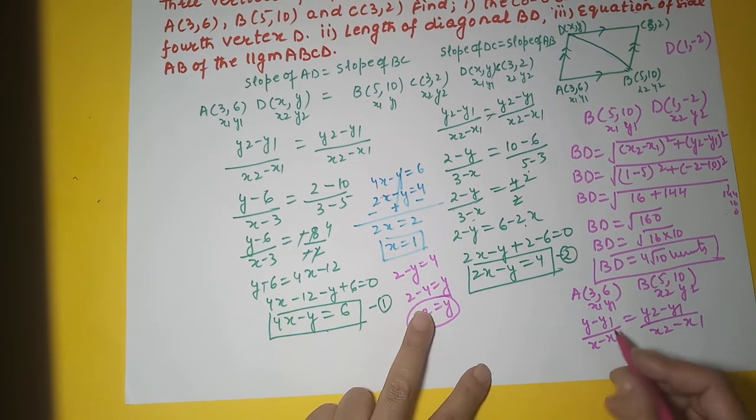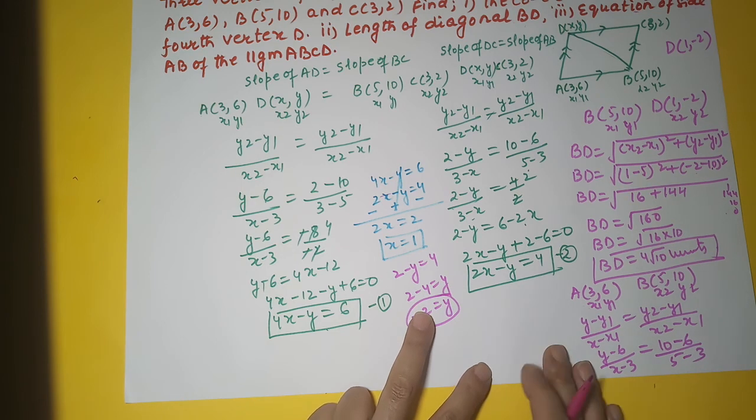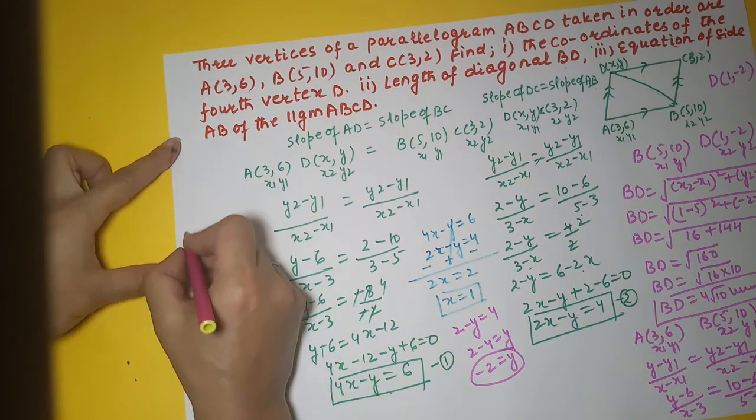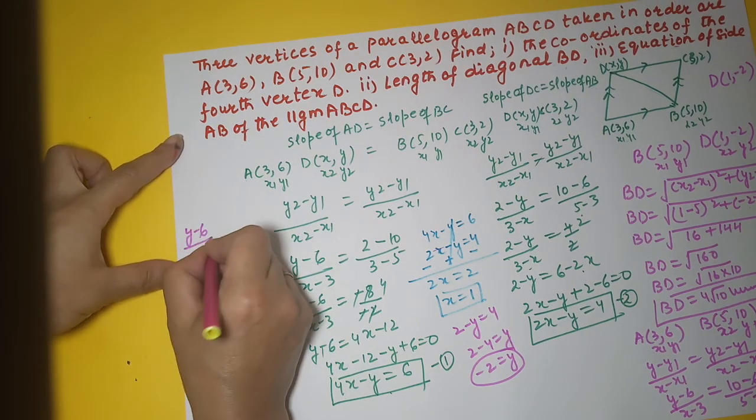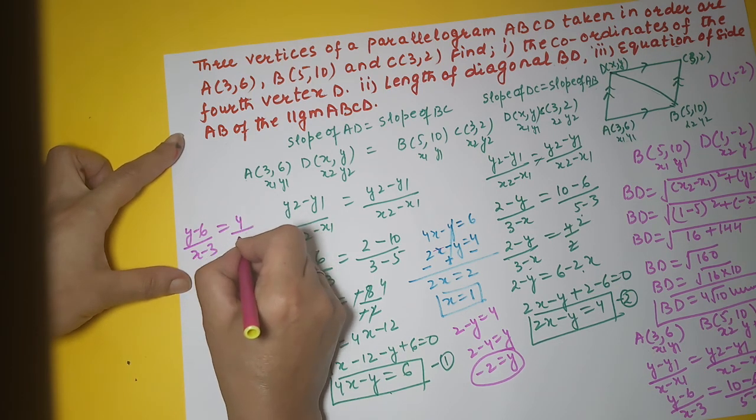So let's substitute the values. Y minus 6 upon x minus 3 is equal to y2 is 10 minus 6 upon x2 is 5 minus 3. Right? So this becomes y minus 6 upon x minus 3 equal to 4 upon 2.